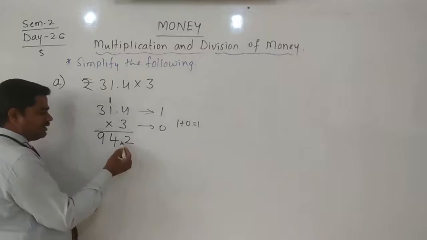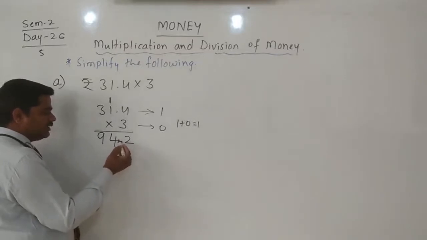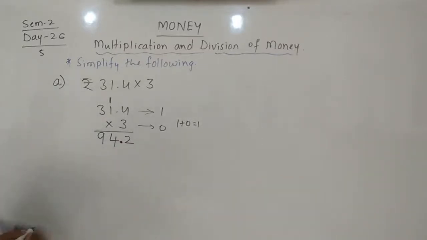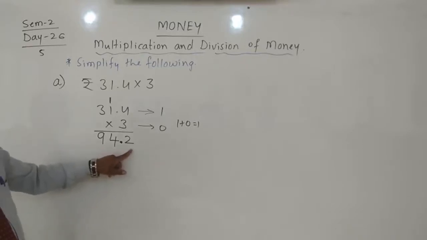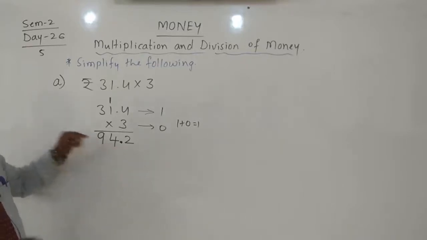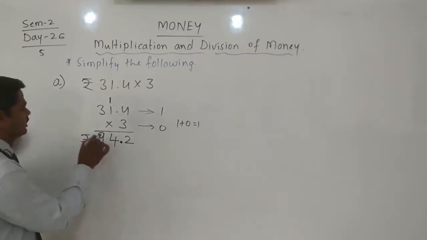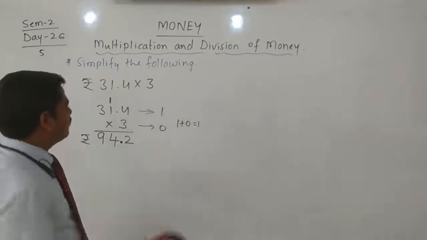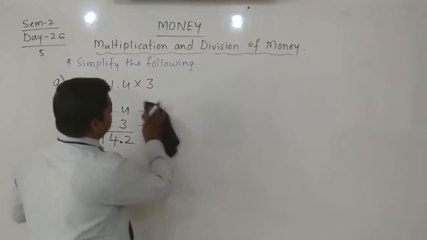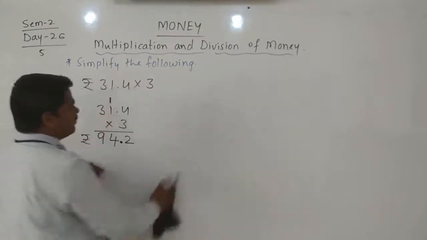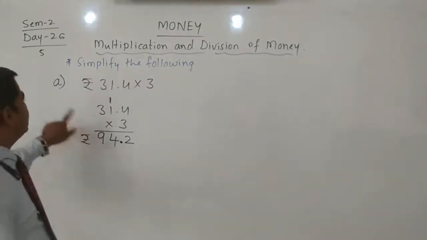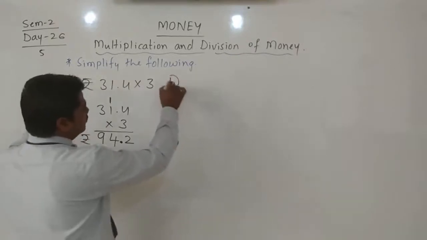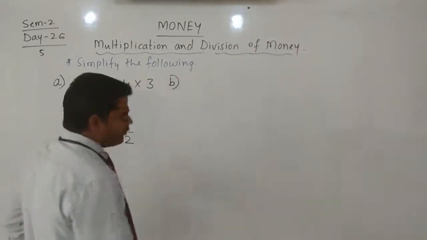Then after 1 digit you place the decimal point. Then it is 94.2 rupees, the product. We follow the same decimal multiplication, and after that insert the rupees. Very simple problems.